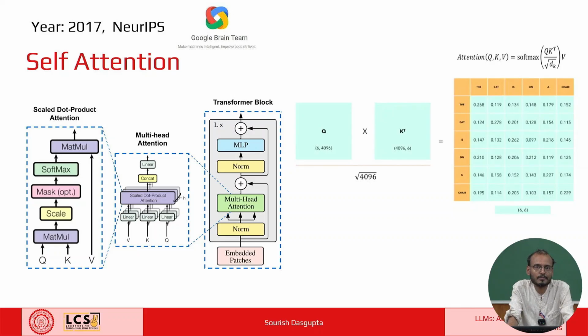So let's have a very quick recap of what self-attention is. In a full, complete self-attention, you would have this query matrix. The query matrix would capture a sequence of tokens.